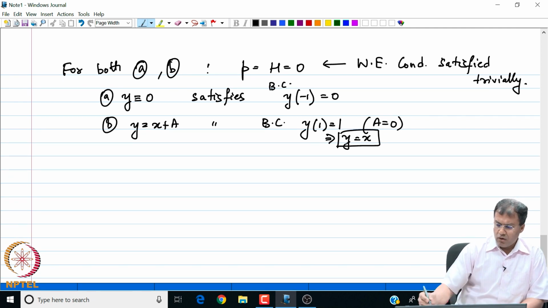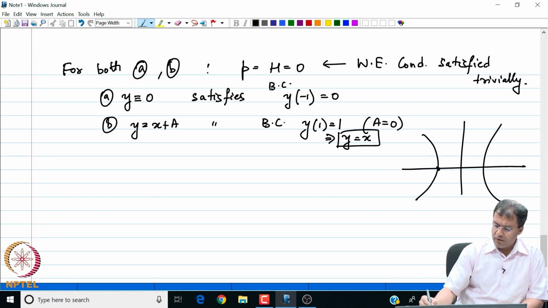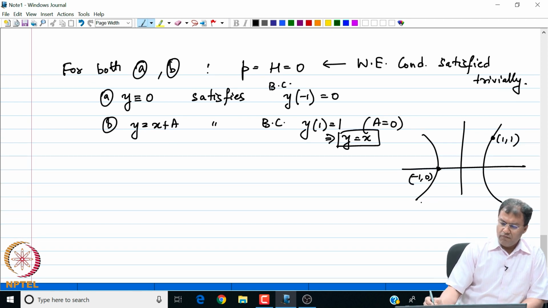So let us draw the figure. We have the rectangular hyperbola. This is my first boundary point and my second boundary point is 1 comma 1. We have two solutions, one is y identically 0, the other is y equal to x.